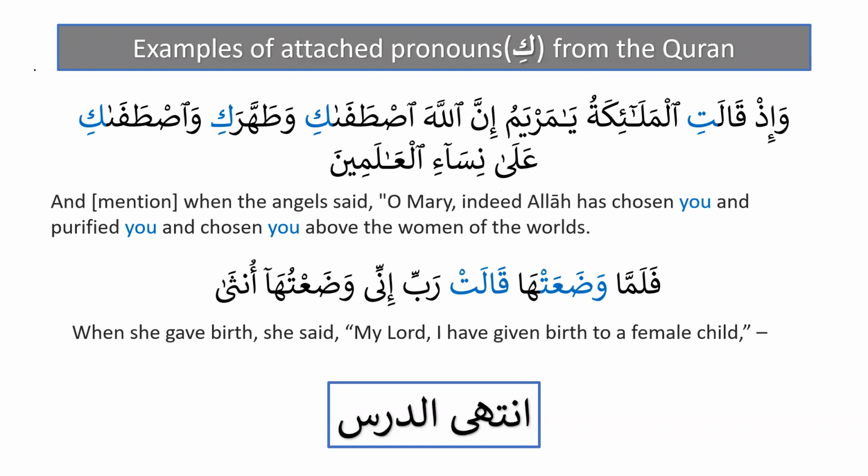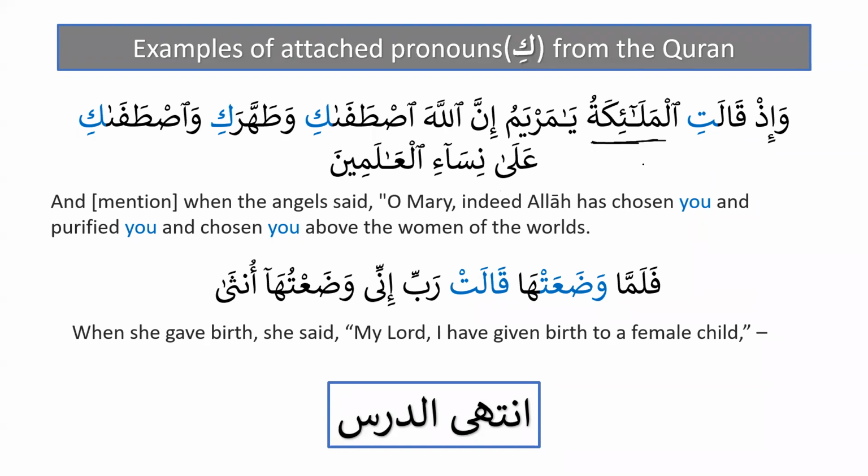We don't really have lots of new ideas in this lesson, so we will have only a few examples from the Quran. We have learned, first of all, that for the singular feminine, we use qalat. So here, al-malaikatu, we don't need to really discuss the gender of the angels.